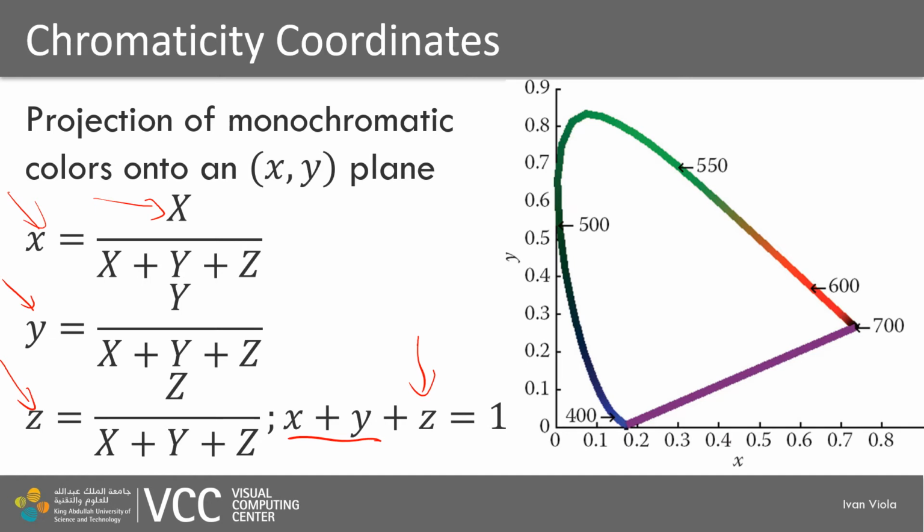So therefore, we are dropping the Z component, and instead, in this color space, where we have here X and Y, the third dimension will be the Y, the luminance sensitivity function, which will form the entire color space.